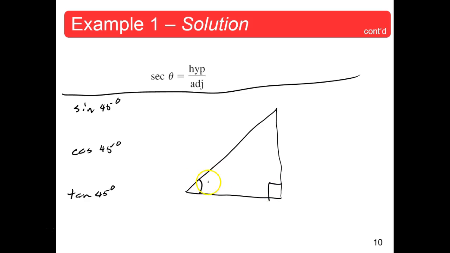Yes, perfect. If this angle is 45 degrees, this angle is also 45 degrees. Excellent geometrical observation there. Now, if those two angles are equal, what does that say about these two sides? They're equal as well, because the same size angle with a right triangle, that's going to happen.